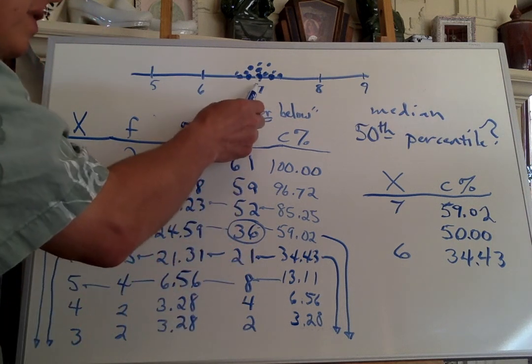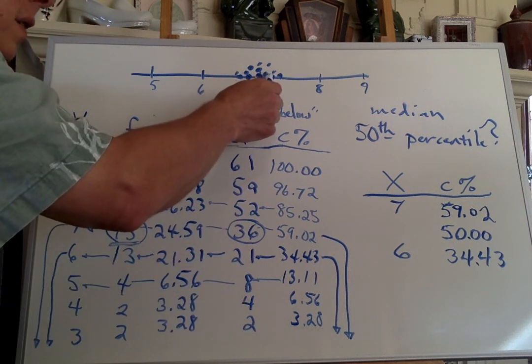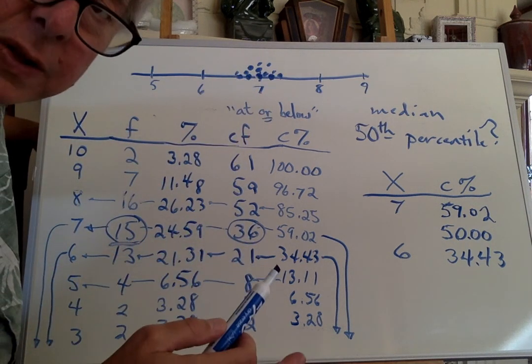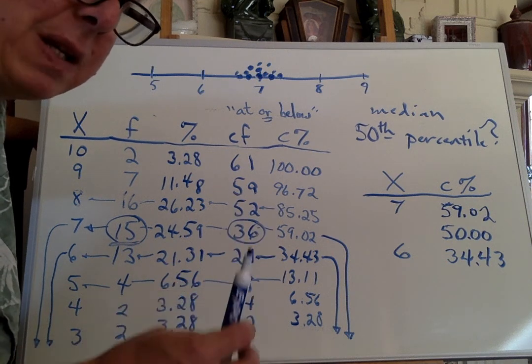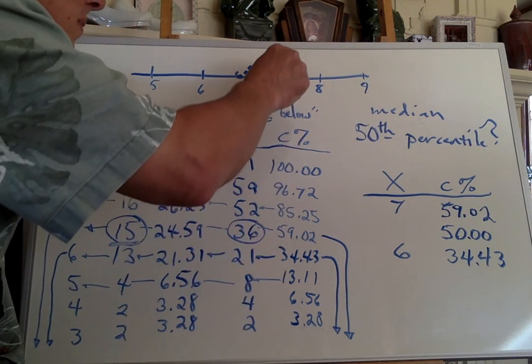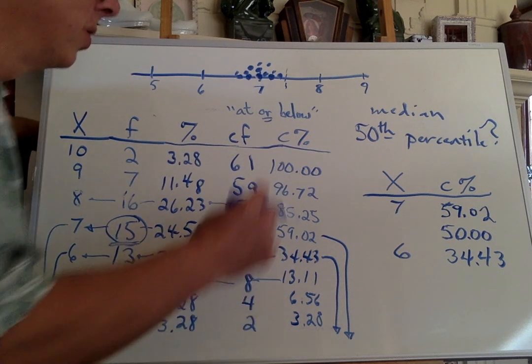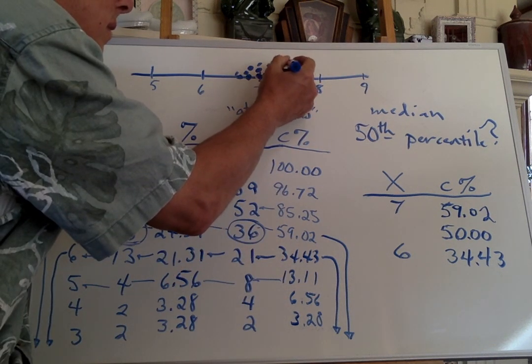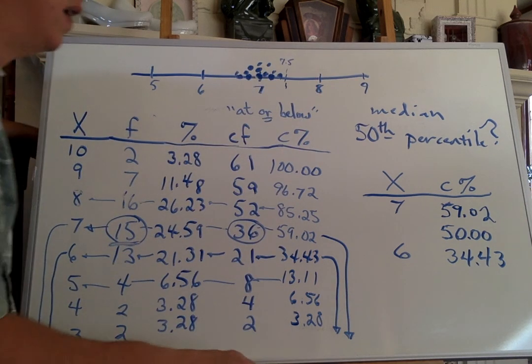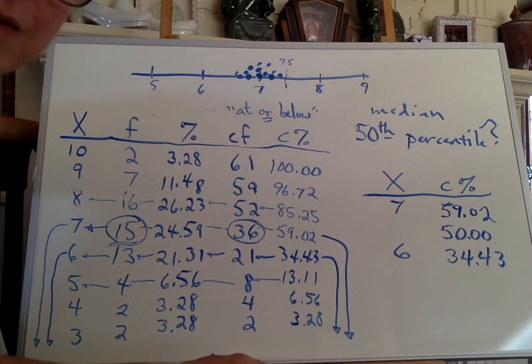When someone says 7, they're somewhere here. But if their happiness level is above 7.5, then they really should be reporting a happiness level of 8, right?